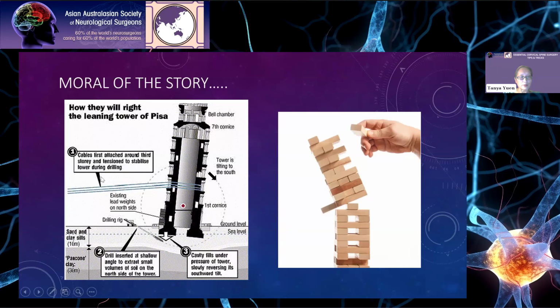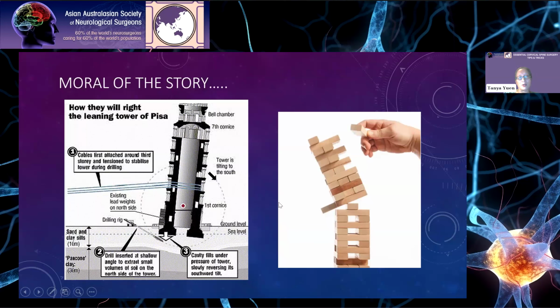So the moral of the story is, first of all, this is how they, in the 1990s, had many attempts to try to reduce the leaning of the Tower of Pisa. And here you can see this is the most successful in the 1990s, where they attached the cables and they dug on the north side of the tower some holes with a drill in order for the north edge of the Tower of Pisa to fall into and therefore upright itself.